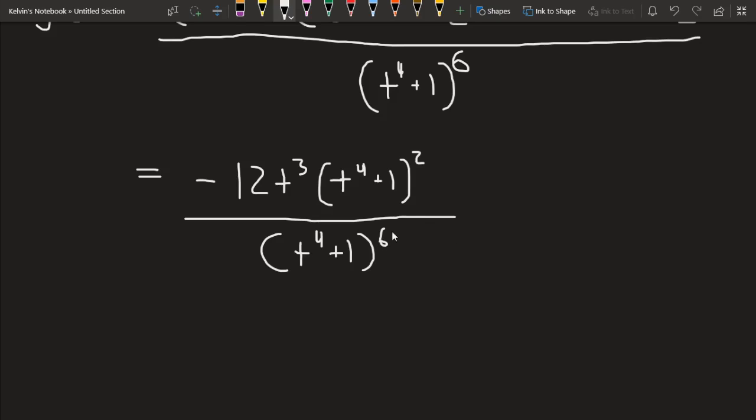And then of course we can just simplify this as negative 12 t cubed over (t fourth plus 1) to the 4th.